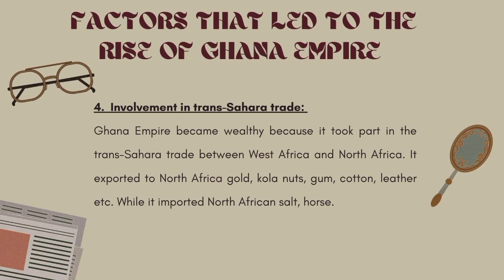It made its wealth as a result of this trade, because it exported gold, gum, cotton, leather, and the rest to North Africa, while they also imported some items from North Africa, like horses.